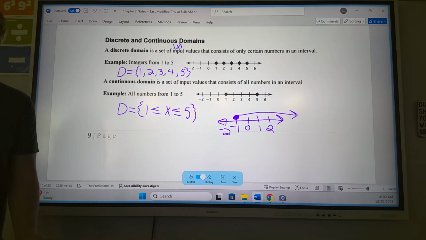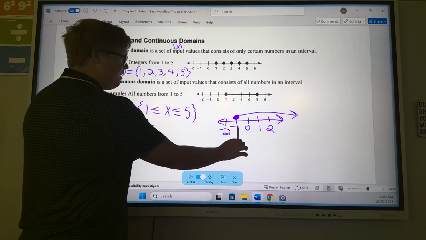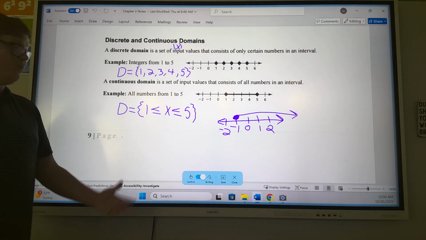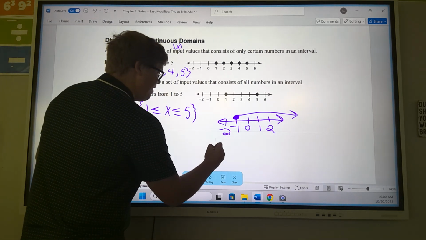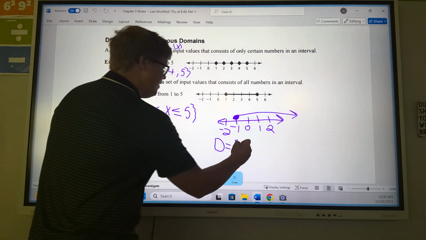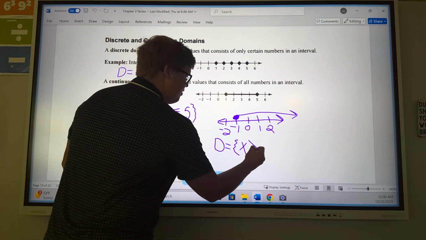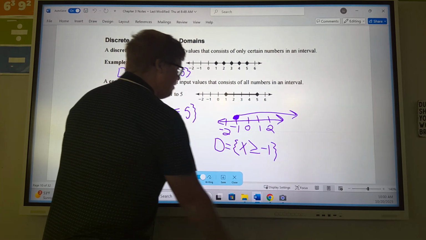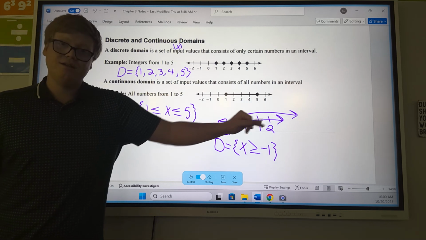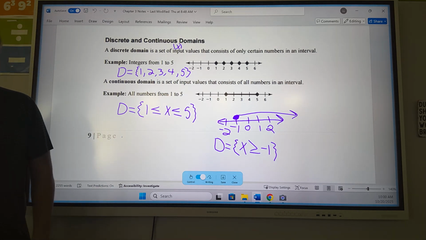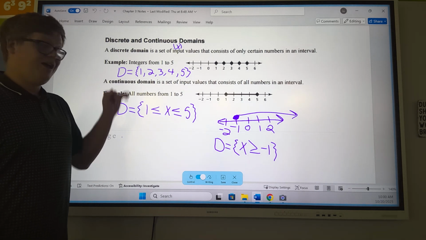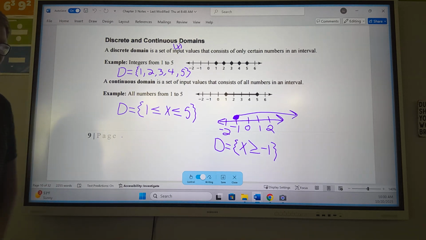This is still continuous because we are still representing things in between -1 and on, all the way to infinity, but we don't have an endpoint, which means we could represent this, which is still a continuous domain, as a domain that looks more like this. x is greater than or equal to -1. That tells us, including -1, everything to the right is going to be a solution to that. So, again, these two we've talked about before. We just haven't talked about it in a continuous domain. That make sense? Okay.